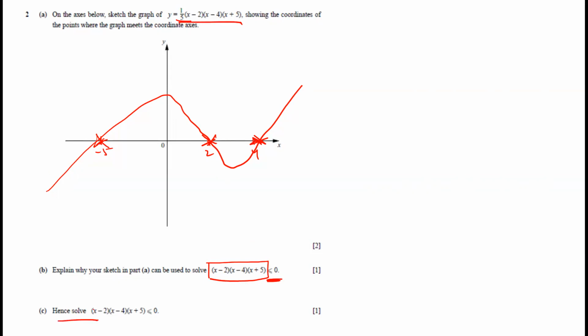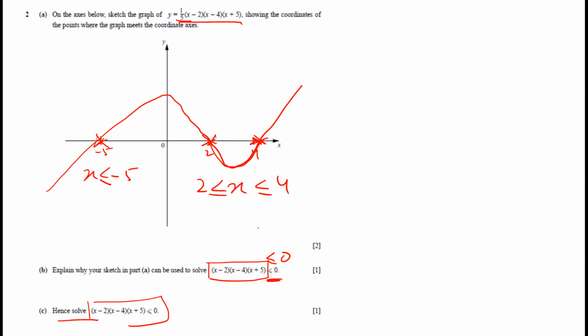Hence, solve this. When is the graph less than or equal to 0? It is less than or equal to 0 when x is less than or equal to minus 5, and when it is in between 2 and 4.